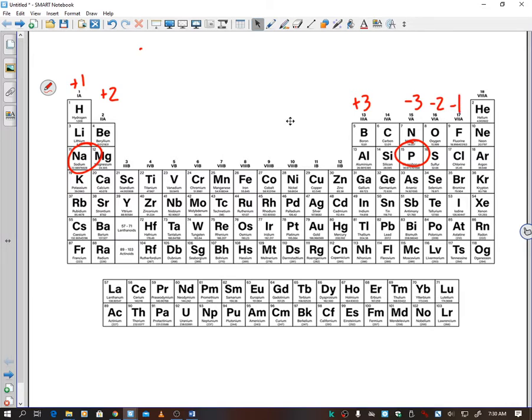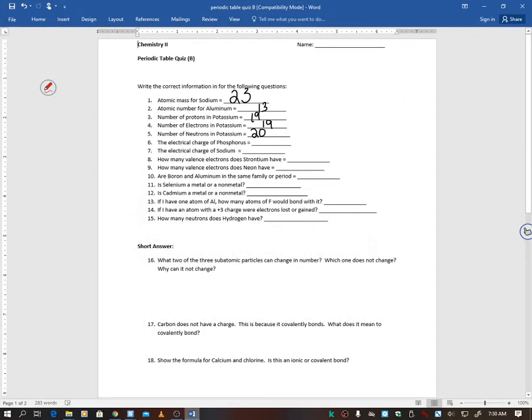And when something is charged like this, like I just told you, if it's a neutral atom, it will have the same number of protons and electrons. Well, in this case, if it is charged, it is called an ion. And in this case, the sodium ion would have a +1 charge. The phosphorus ion would have a -3 charge. So this is -3, this is a +1.